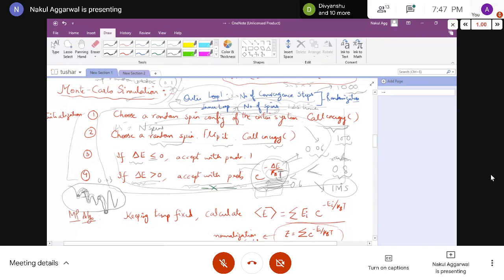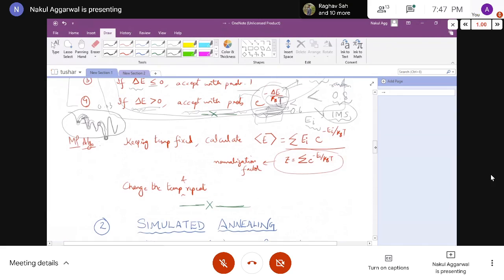So you have one microstate. You calculate the energy Ei after each inner loop. If the outer loop runs 1,000 times, you calculate the energies basically 1,000 times, and then you take the average of this energy. This is the statistical physics formula, which is basically the summation of Ei, e raised to power minus Ei by kBT, divided by the partition number.